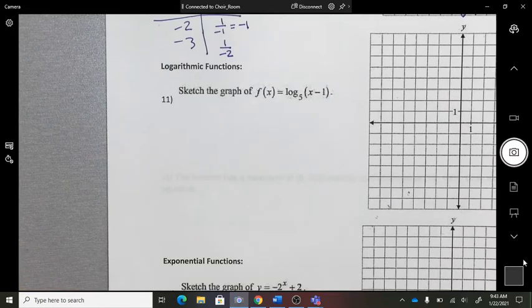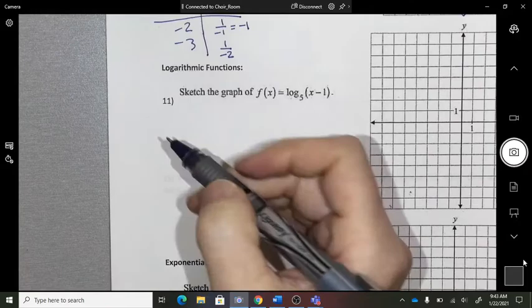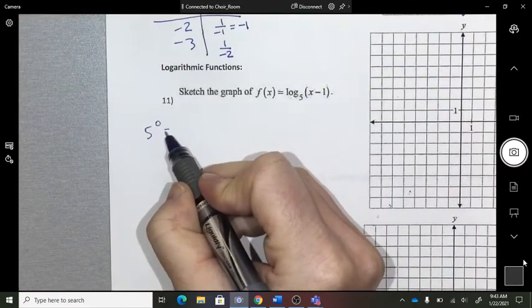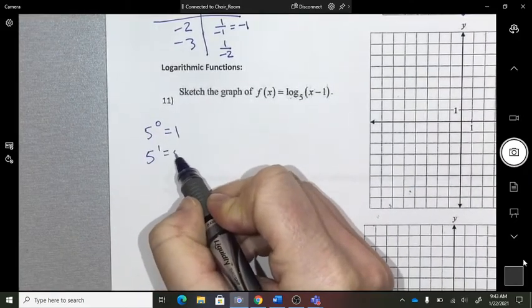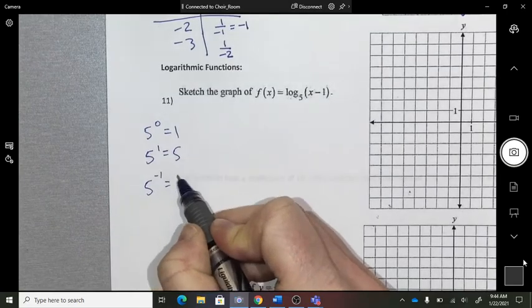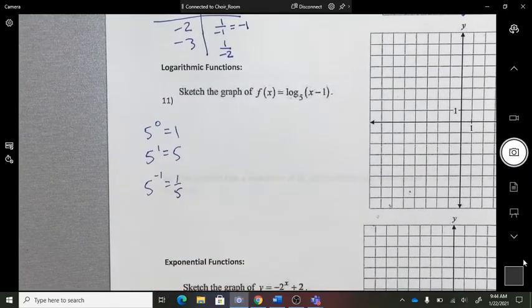Okay, exponentials and log functions. So this is a log function. So let's create some points with 5. So I'm using a base of 5, so I've got that information.